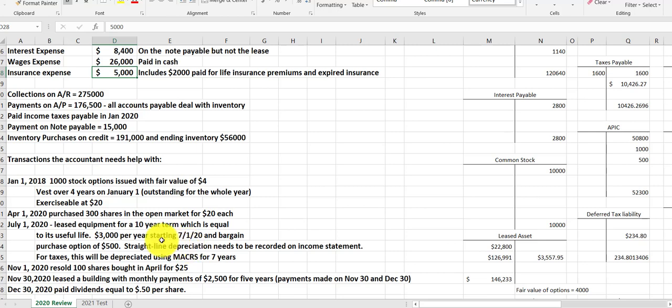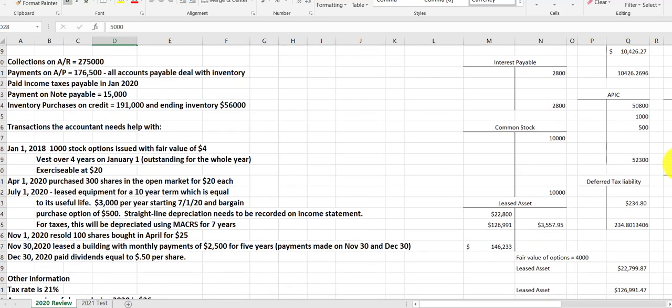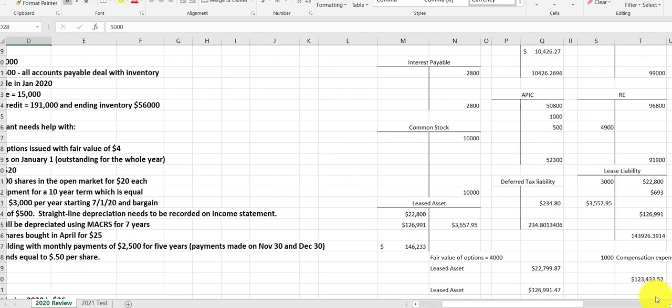All right. We're going to record leased equipment, $3,000 a year, bargain purchase of $500. We're going to do that using the present value formula. Here is the calculation in the formula bar. 7%, 10 years, $3,000, $500.